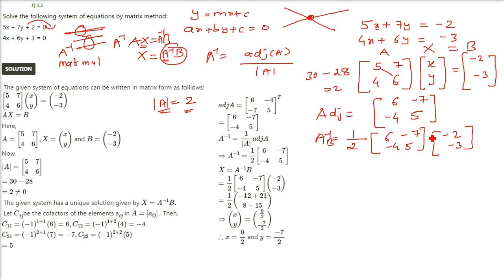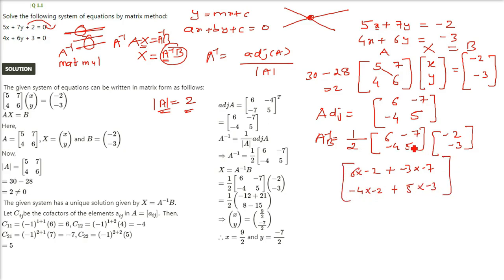So you will only get a matrix with only 2 rows. So 6 into minus 2 plus minus 3 into minus 7. This will be the first value, first row with first column, and second row with the first column. Now minus 4 into minus 2 plus 5 into minus 3.